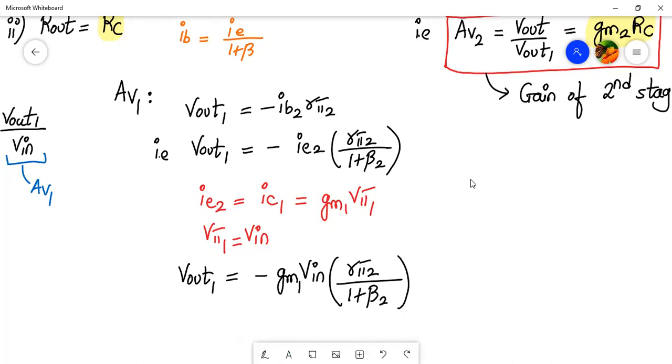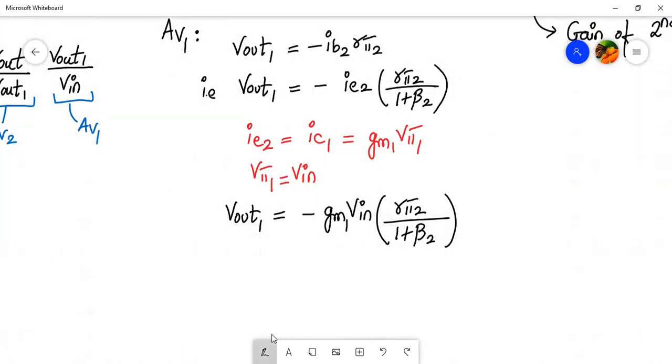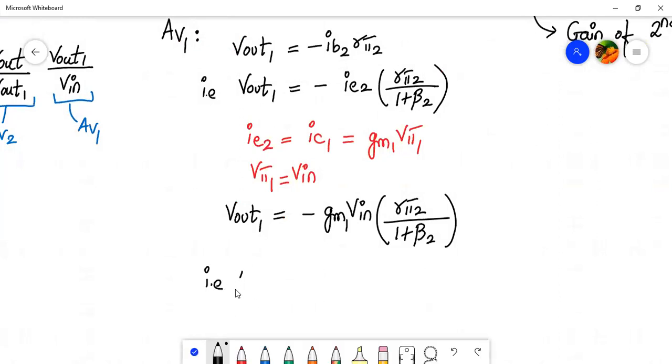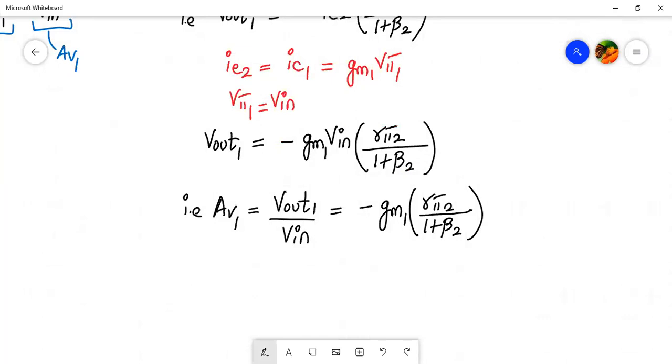So finally, we can write AV1, which is V out 1 upon V in, is equal to minus of GM1 into R pi 2 divided by 1 plus beta 2, right? So that's the exact expression for AV1, right?